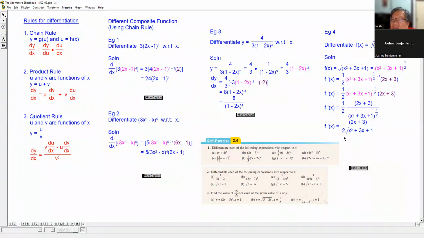So finally you have 2x plus 3 multiplied with 1. So it's 2x plus 3 over 2 multiplied with the square root of x squared plus 3x plus 1. You have to do slowly, slowly.